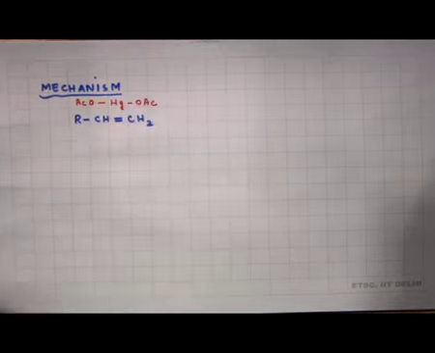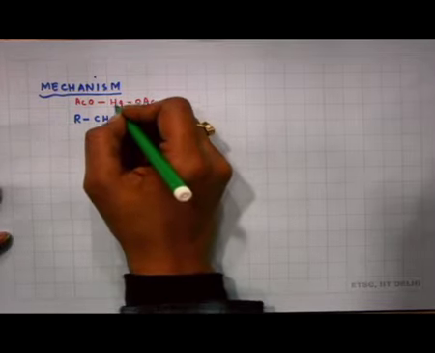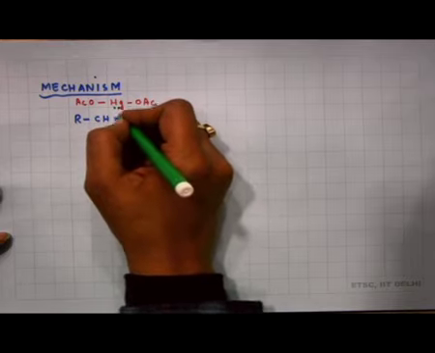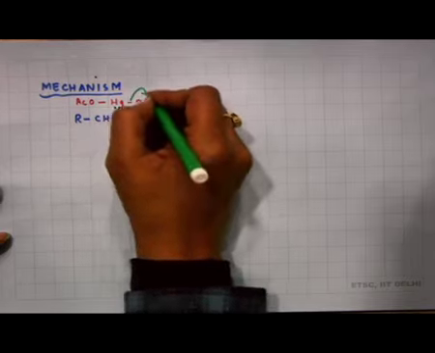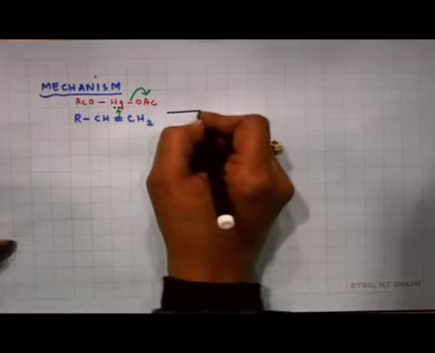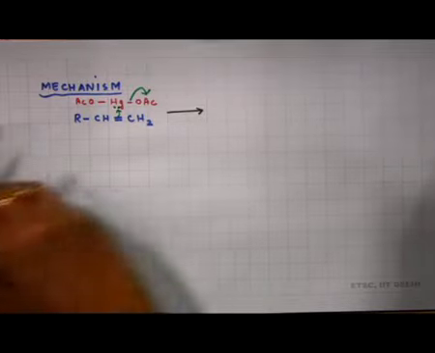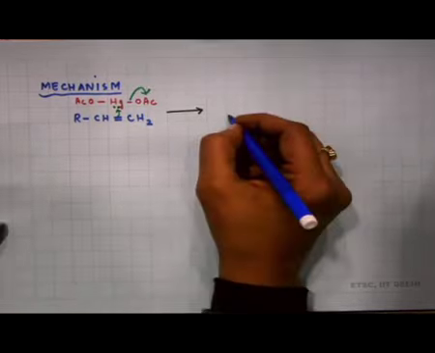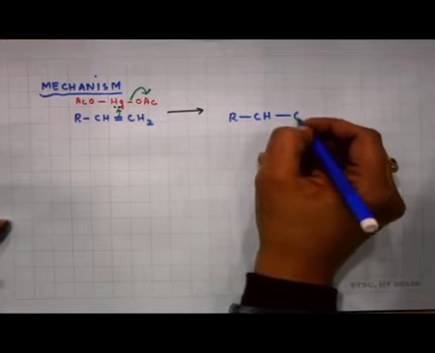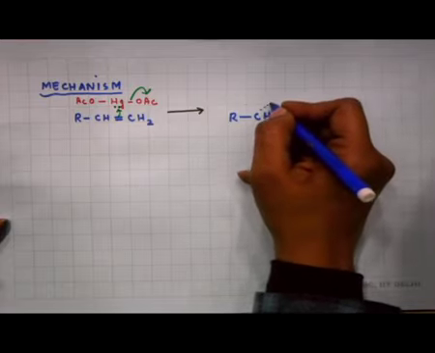So, the first step is believed to involve the attack of the pi electrons onto the mercury salt Hg, with the elimination of the acetate anion. The first step we believe is the formation of this kind of an intermediate, which is a 3-member intermediate.